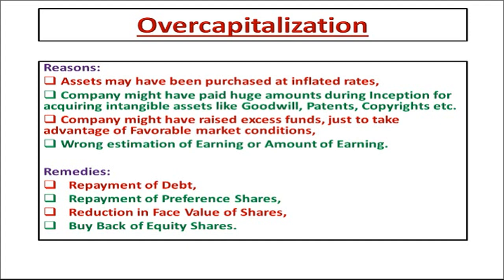Number two, the company might have paid huge money for acquiring intangible assets like goodwill, patents, copyrights, etc. Number three, the company might have raised excess funds just to take advantage of favorable market conditions without any concrete plan for investing the capital raised. And number four is wrong estimation of earnings by the business organization. So these are the causes of overcapitalization.